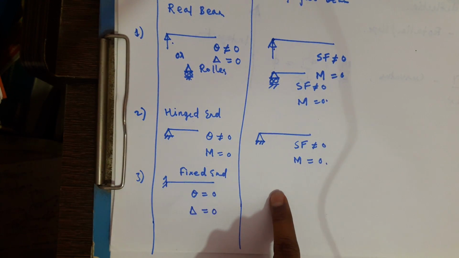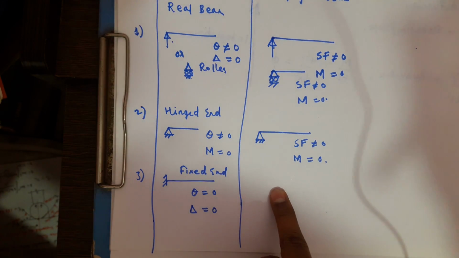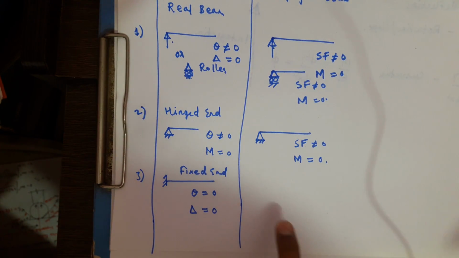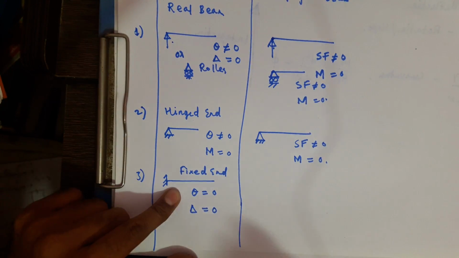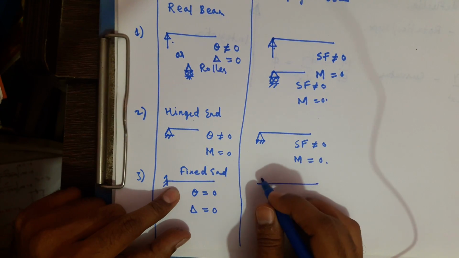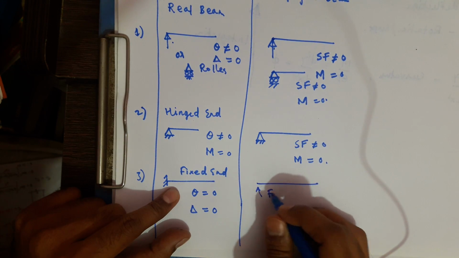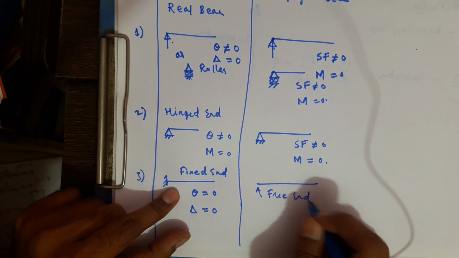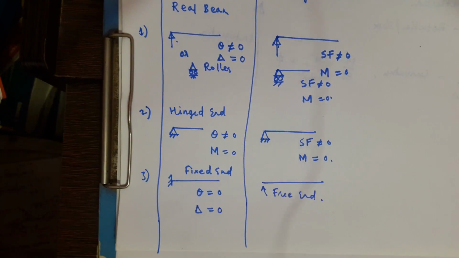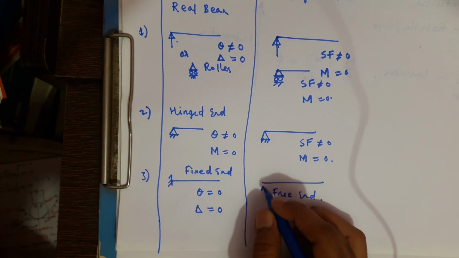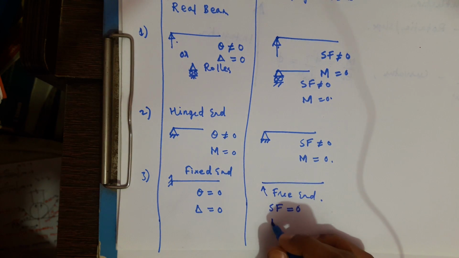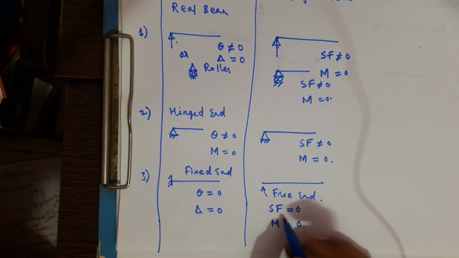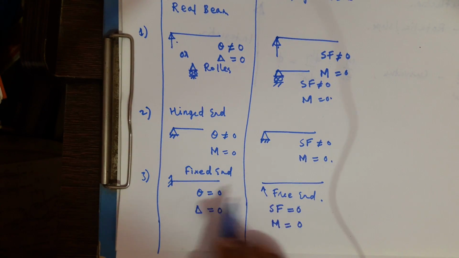Which support do we have to provide here, so that shear force is equal to 0 as well as bending moment is equal to 0? So a fixed support in the real beam will be equal to a free end in the conjugate beam. Why is it a free end here? Because at a free end, shear force is equal to 0 and bending moment is also equal to 0. So we have satisfied the boundary condition.